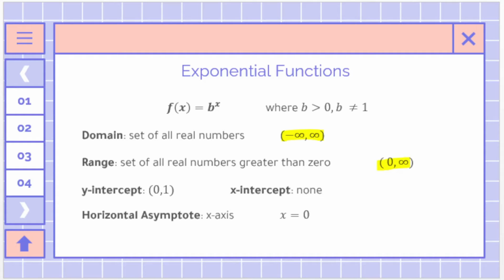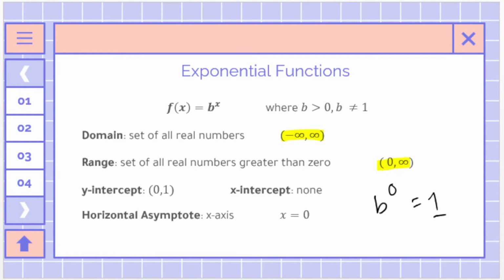Okay. Now for the y-intercept, we have 0, 1. Therefore, our graph will always pass through the point 0, 1, because b raised to 0 is always 1, right?